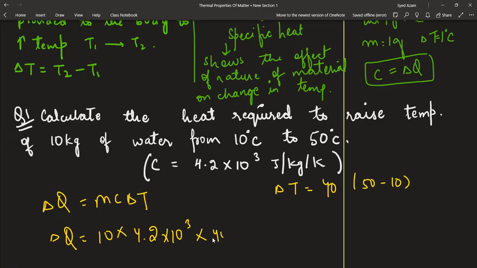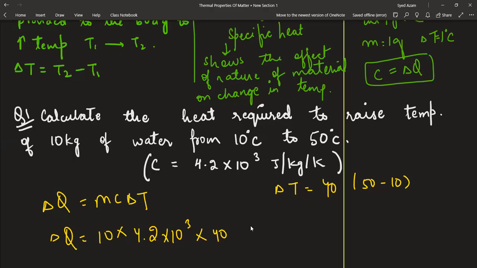So we'll put this as 40, whatever answer comes will be the final answer. Understood? So you just have to apply MC delta T and that's it. In the numericals, in these questions, whatever things you have, you have to relate them with MC delta T. As soon as the term heat comes, heat is always related to the change only.